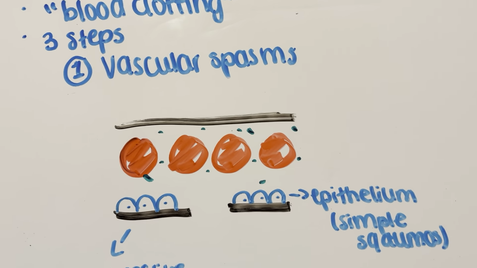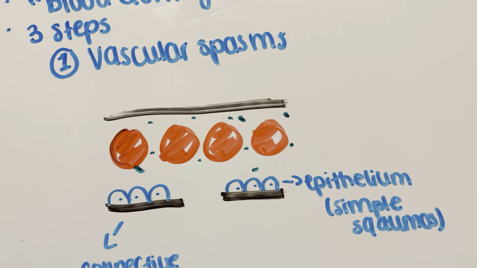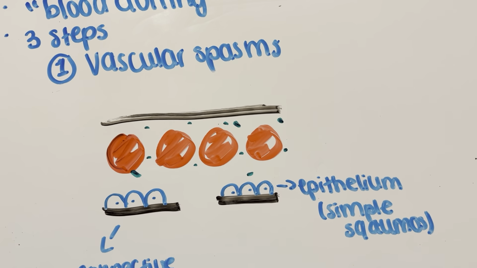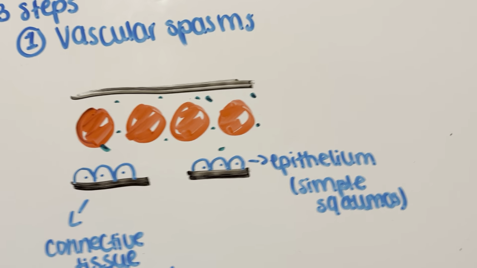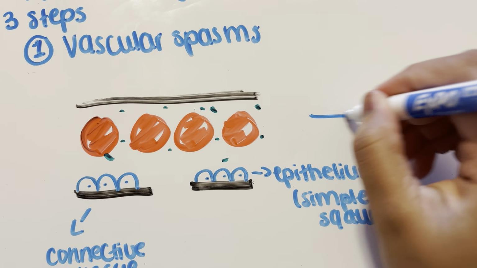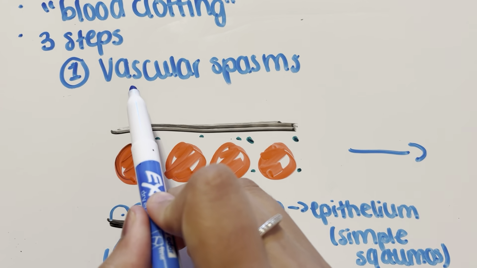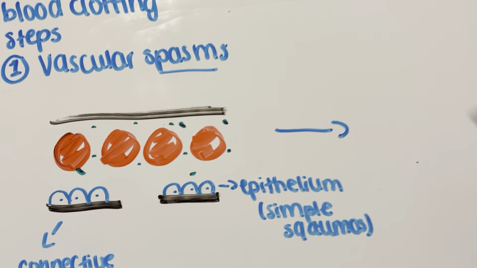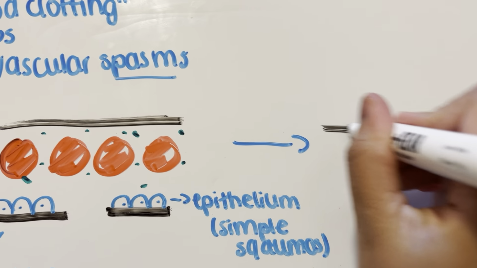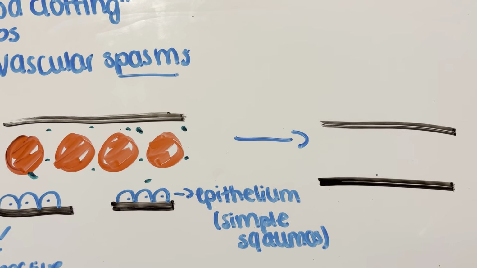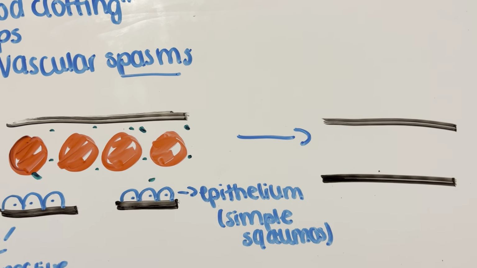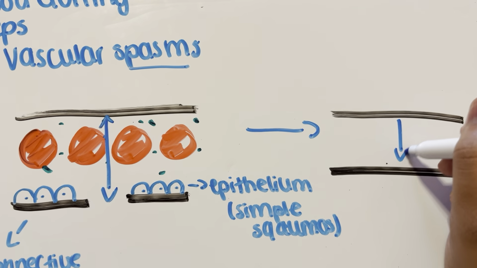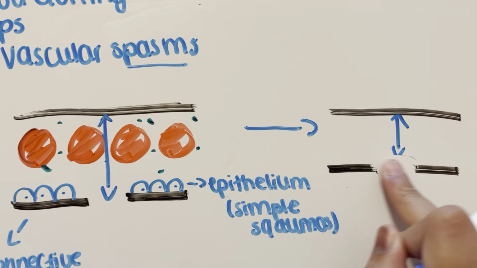But before we can have platelets coming and clotting over here, the body's gonna do first, like the name says, vascular spasm. It's going to spasm, meaning that it's going to contract right here, and the blood vessel is going to be much smaller in diameter when compared to how it was originally before. So there should be a gap right there, my bad.